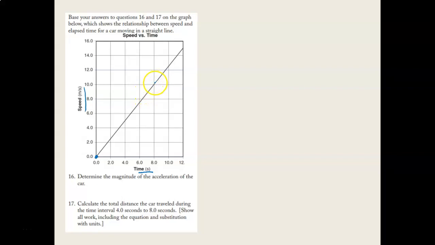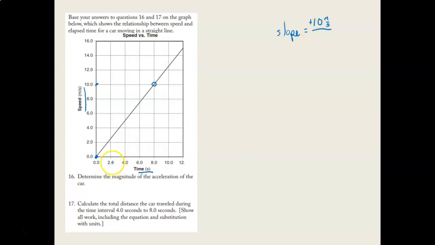This looks like a good point because we can easily tell what that is. It's right on a grid line. And again, there's a couple ways to do this, but let's do it as slope. So slope is rise. So from here to here, what was our rise? We went from 0 meters a second to 10 meters a second. So our slope, which is rise over run, would be plus 10 meters per second.